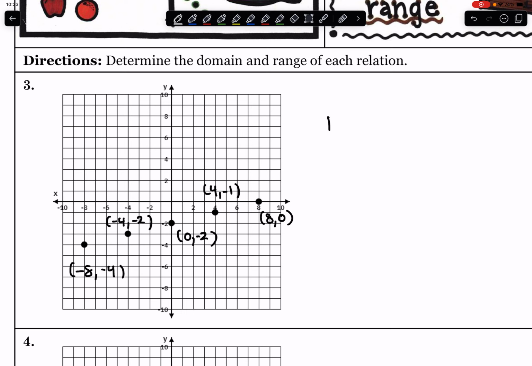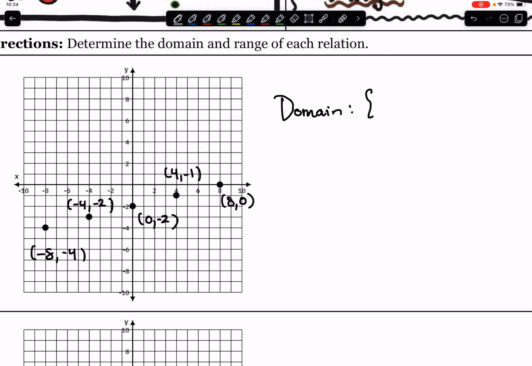And then our domain, again, just like the last example, is simply going to be the set of x values. The first element is the domain, the x's, and the range is going to be the y values. So here our domain is going to be the list of -8, -4, 0, 4, and 8. And the range is the second element of this relation, which is -4, -2.